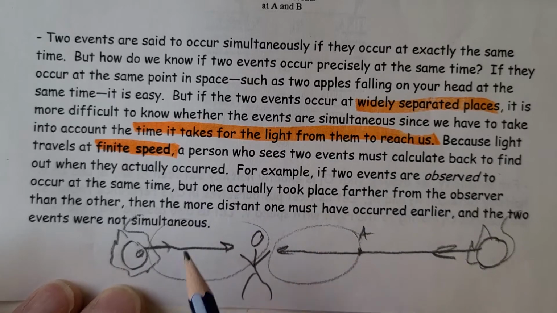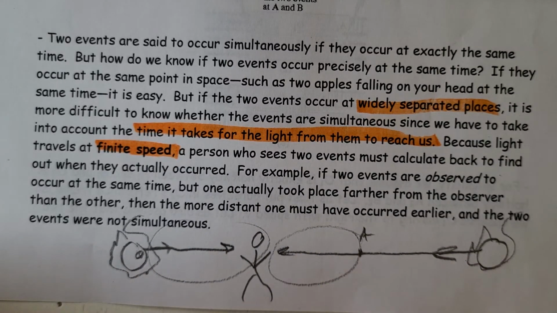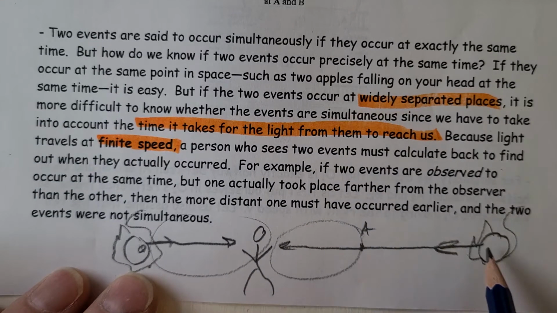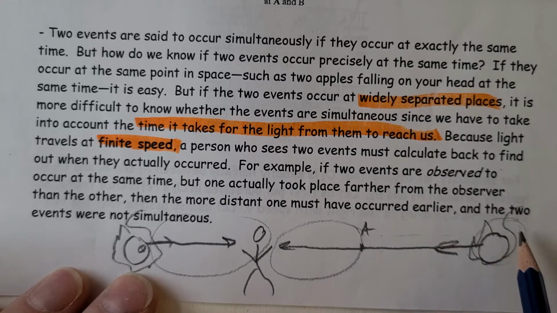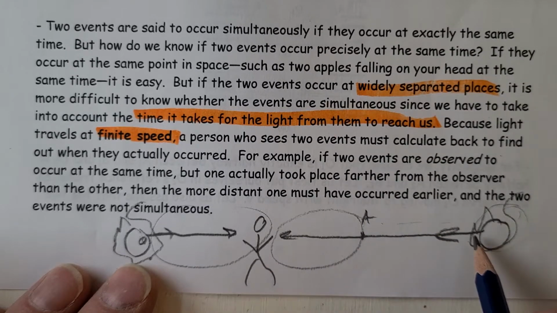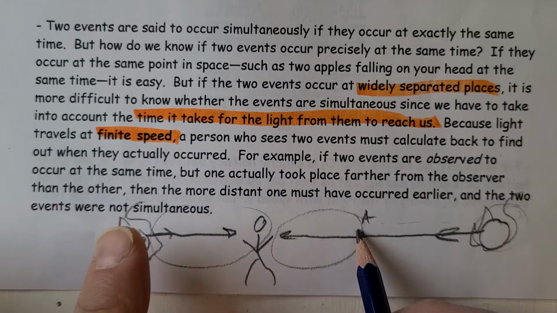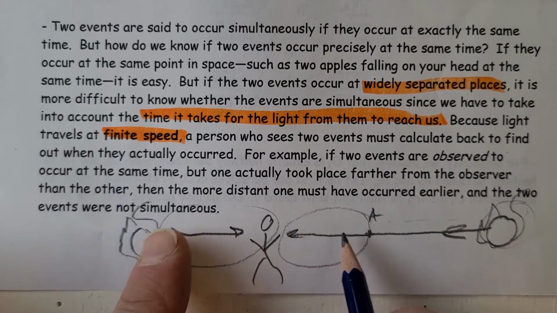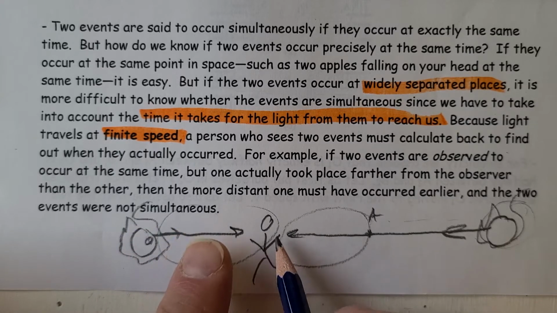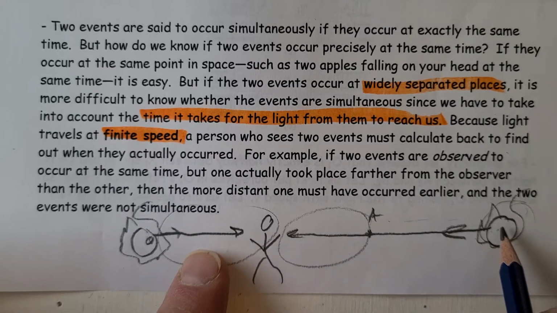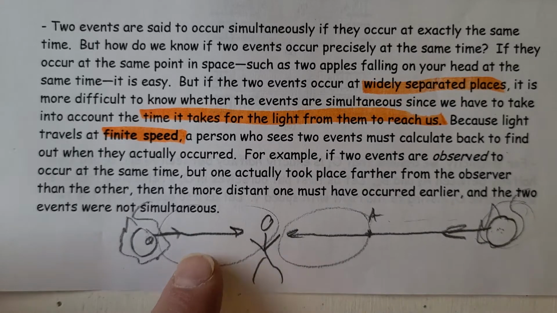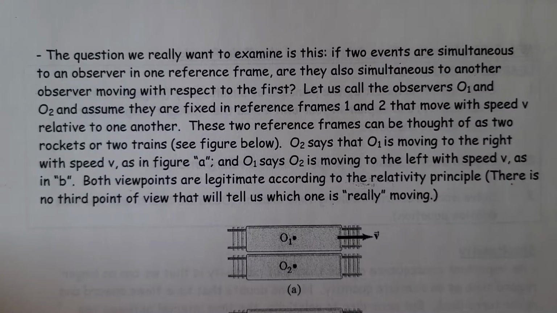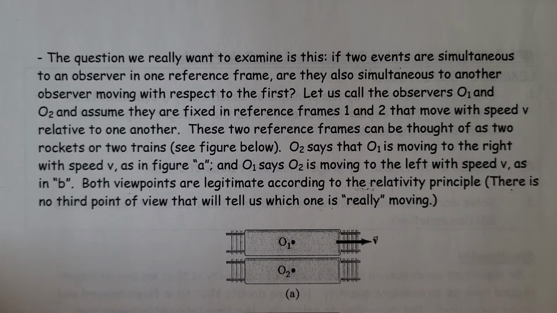So we'd say, oh, I see both of these flashes at the same time, therefore these planets exploded at the same time. But no, they didn't, because this one occurred at an earlier time. It just took a long time for that light to reach this distance. Then once it was there, this one exploded too. So we could say that, oh, these exploded simultaneously, but in fact, we're seeing the far past of this one. This one happened much earlier. So that was an interesting piece to note.